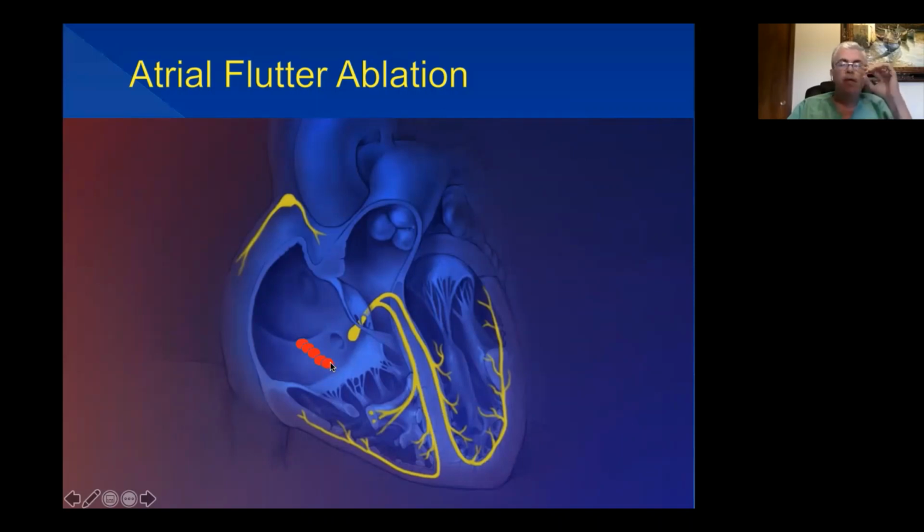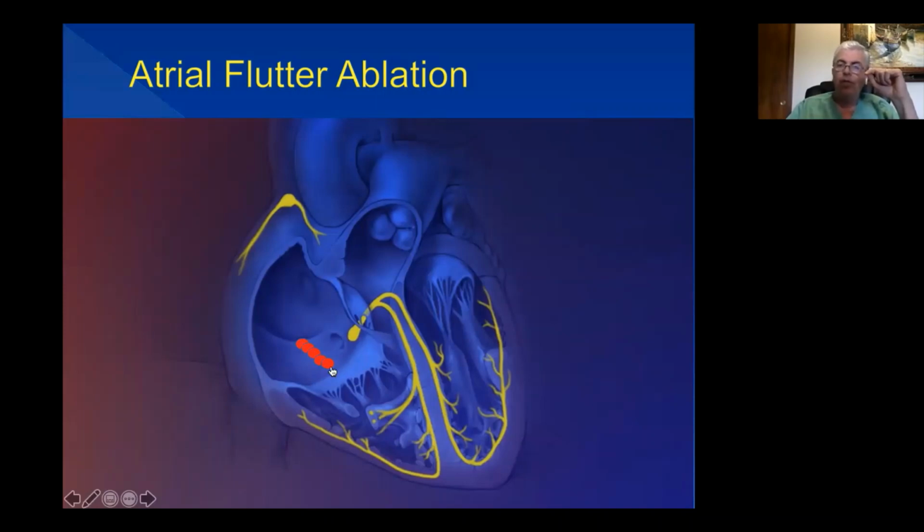We keep the catheter in contact with that spot for about 20-25 seconds, depends, and create a scar, move to the next spot, to the next spot. So we create a line, one dot at a time.